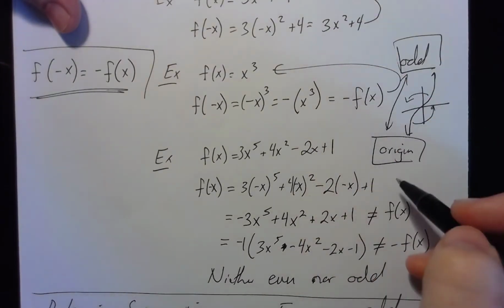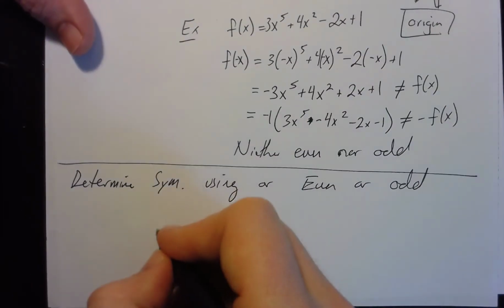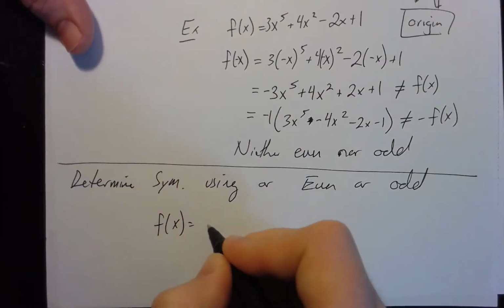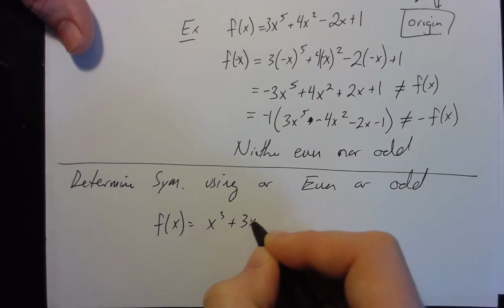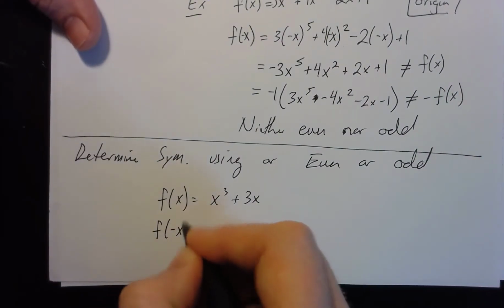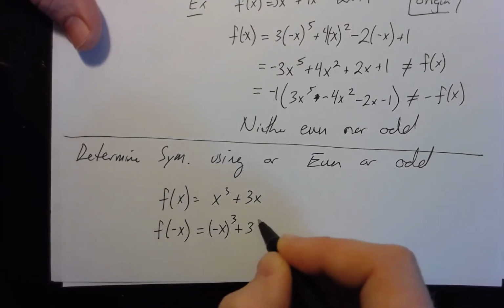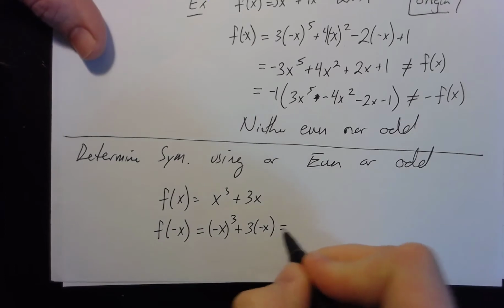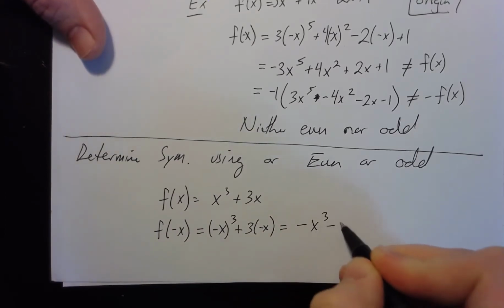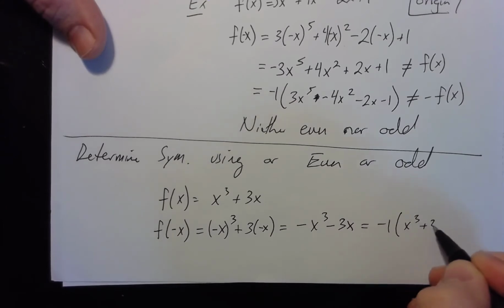So, with these two details understood, down here, if I'm determining the symmetry using even or odd, and I've given you the function f of x is equal to x cubed plus 3x, then what you can identify is that, first off, f of negative x is equal to negative x in parentheses cubed plus 3 times negative x in parentheses, which is negative x cubed minus 3x, which is equal to negative 1 times x cubed plus 3x.